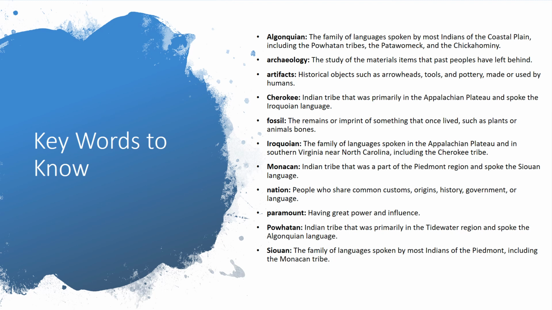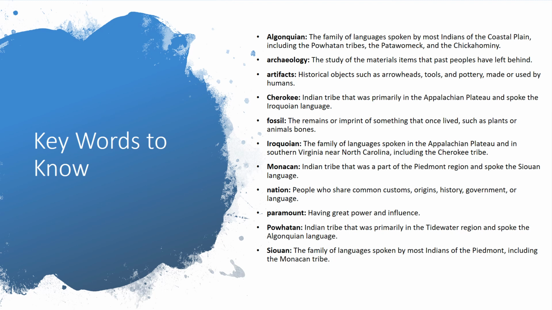Iroquoian is the family of languages spoken in the Appalachian Plateau and in southern Virginia near North Carolina, including the Cherokee tribe. Monacan is an Indian tribe that was a part of the Piedmont region and spoke the Siouan language. A nation is people who share common customs, origins, history, government, or language.